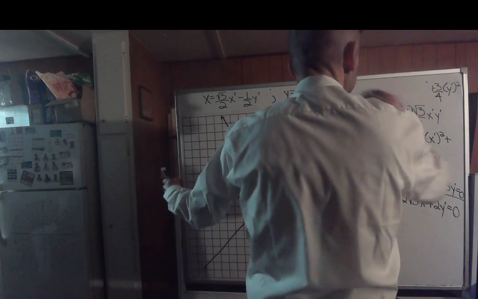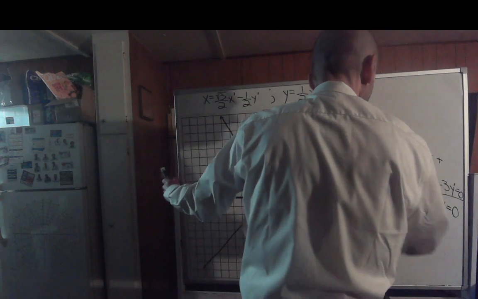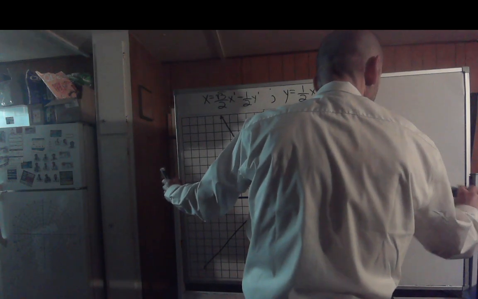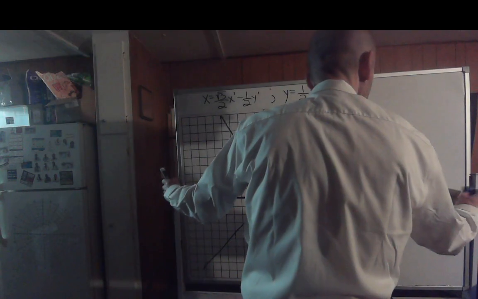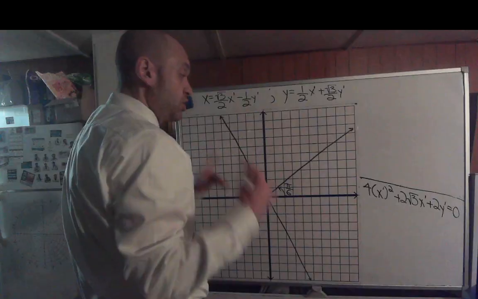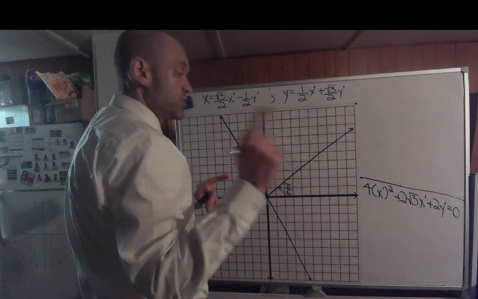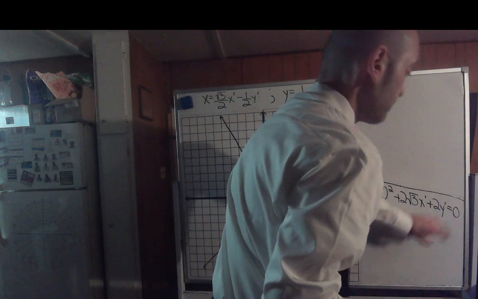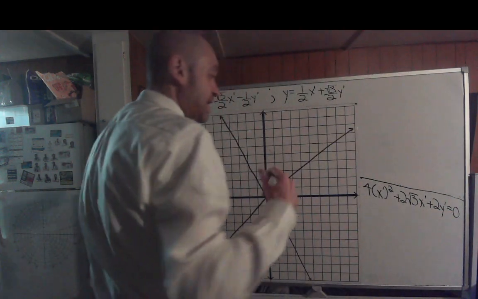So let's work on getting this into standard form. I'm going to erase everything up top. Again, feel free to rewind the video. So always what's true is your quadratic factor has to be on the left-hand side. Your linear term should go to the right-hand side.